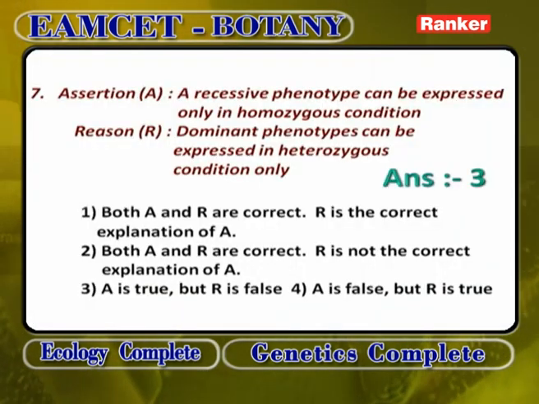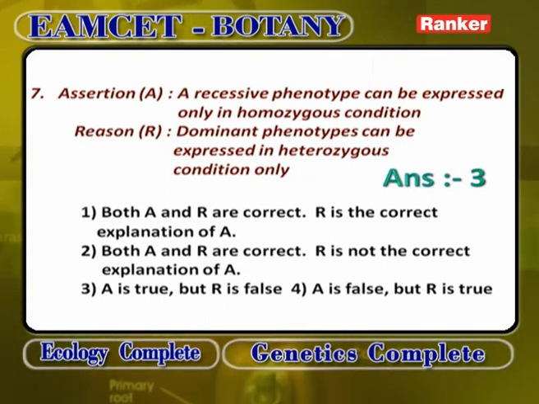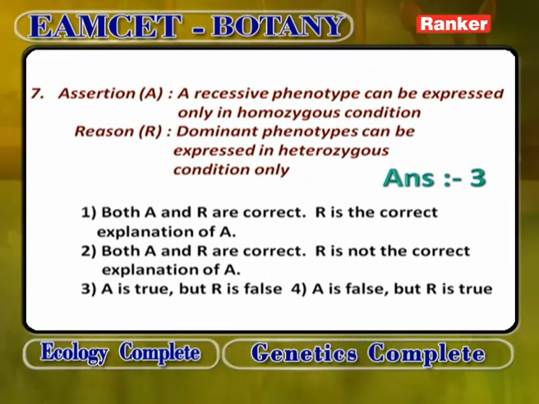Dominant phenotypes can be expressed in heterozygous condition. It is impossible; a dominant phenotype cannot be expressed in heterozygous condition because it must be capital T, capital Y, capital R. So A is correct, R is false. A recessive phenotype can be expressed only in homozygous condition is correct, and the statement about dominant phenotypes is wrong. So A is true, R is false.